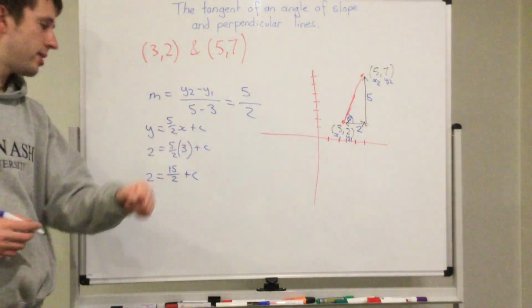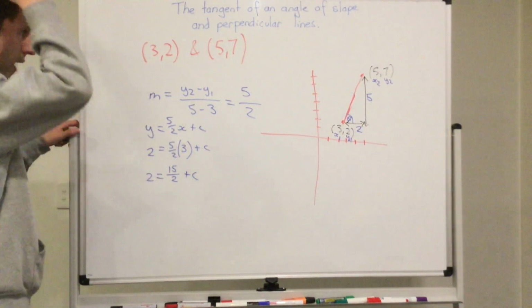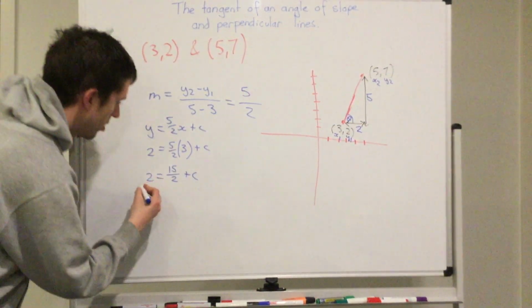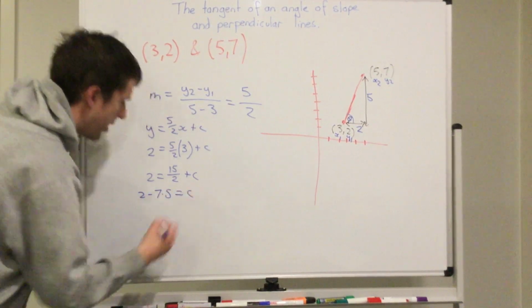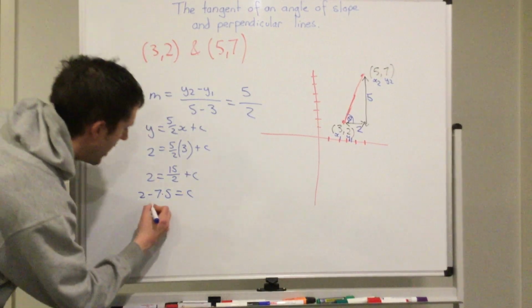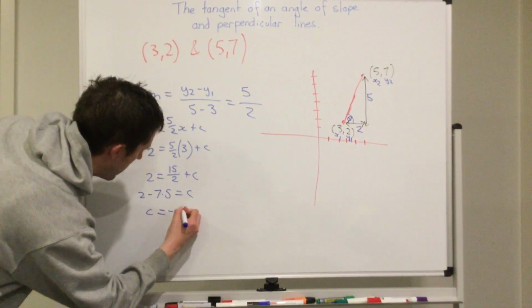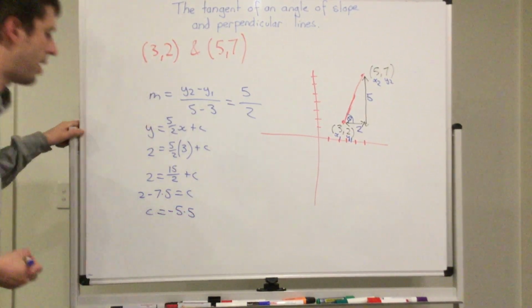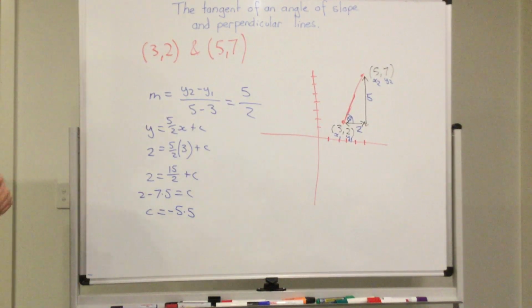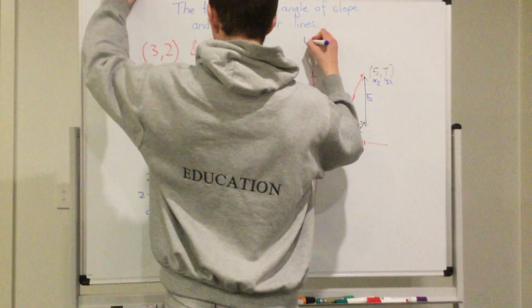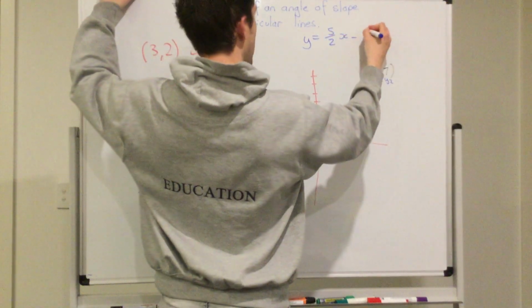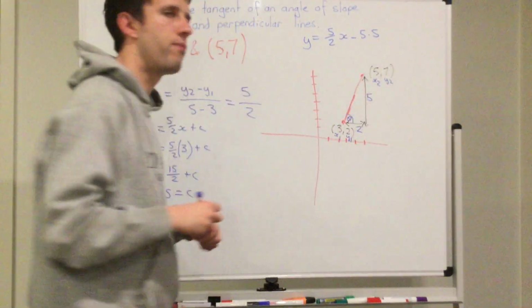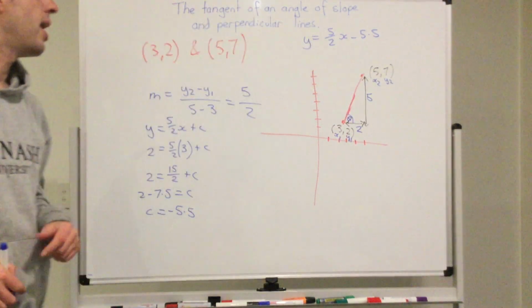I want c by itself, so I'm going to take that away from there. So that will be 2 take 7.5 equals c, leaving me with c equals -5.5. So I have my equation, which is y equals 5/2x take 5.5.